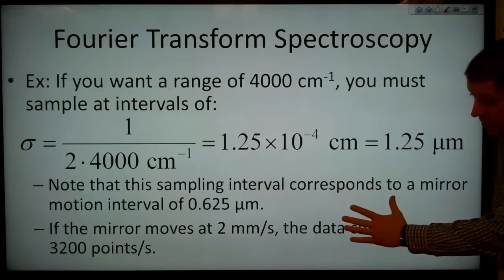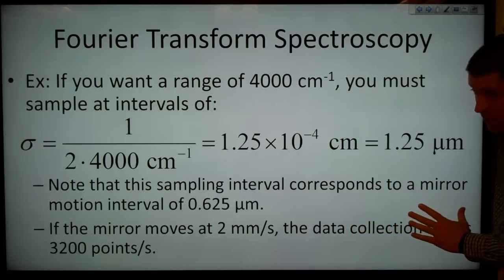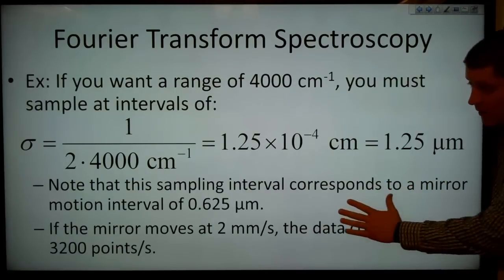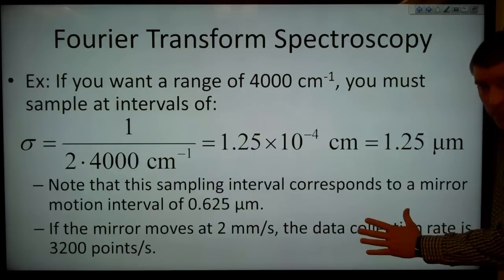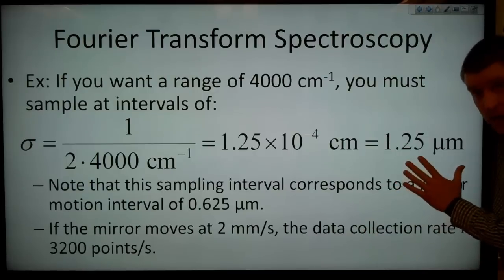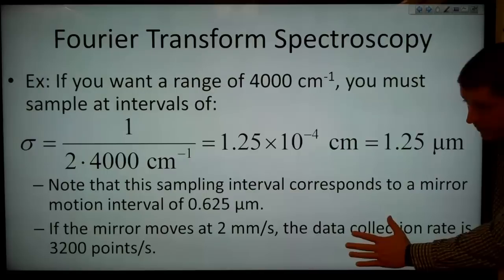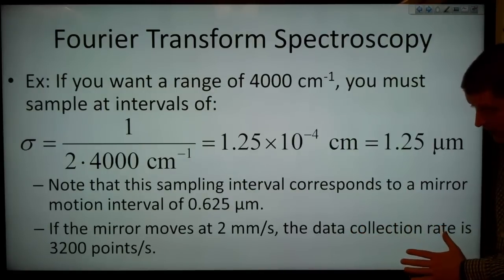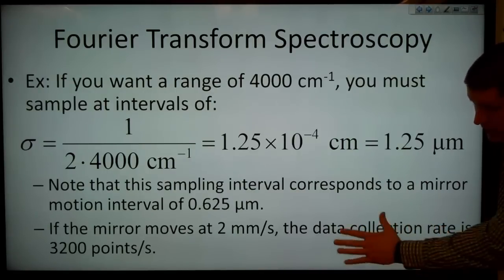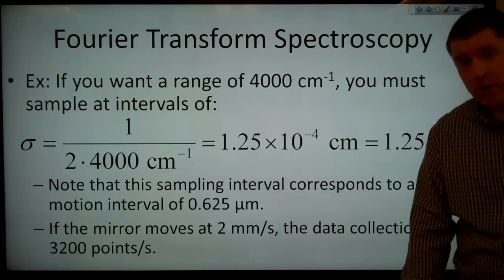So note that this sampling interval corresponds to a mirror motion interval of 0.625 microns, because again, that light has to travel that distance twice. So if the mirror moves at 2 millimeters per second, then the data collection rate is 3,200 points per second.